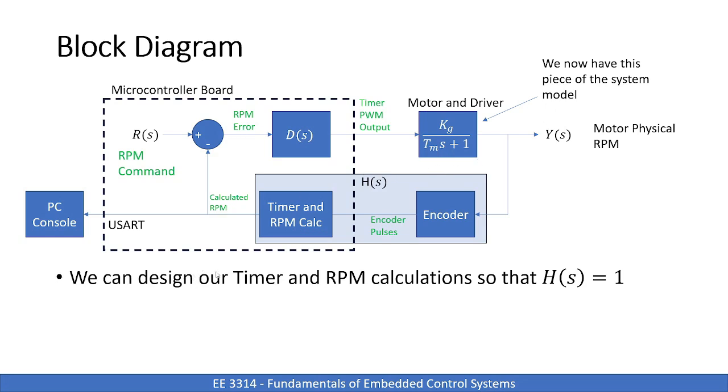So now we can design our timer and RPM calculation so that this H of s is equal to 1. It's pretty easy, right? Because we know how to do that. We know how to interpret this encoder from a motor and translate that to actual RPMs.